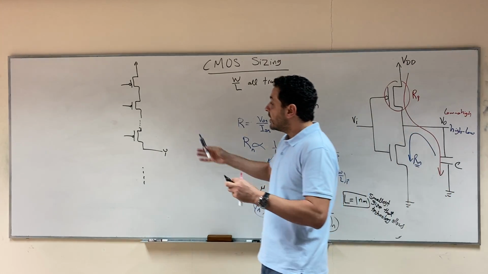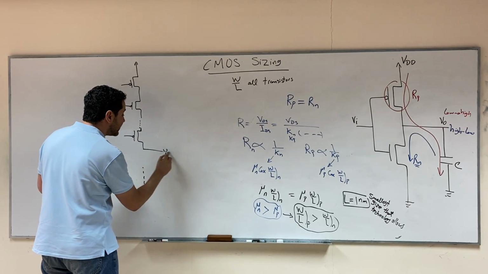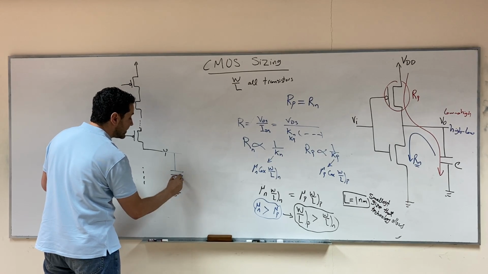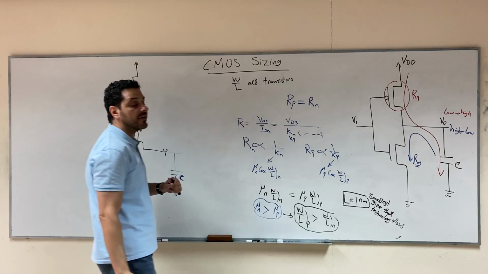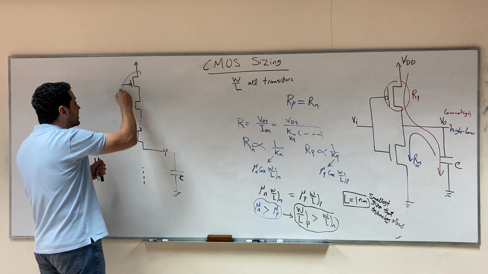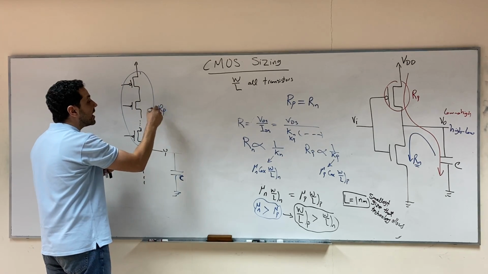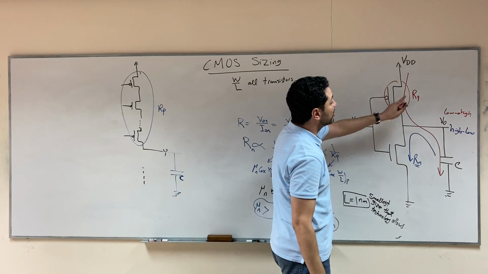Okay, so now if you have a gate like this, with the same capacitance at the output, and you want this gate and the CMOS inverter to have the same speed, then you have to design the total resistance of the pull-up network to be RP, similar to the resistance of the pull-up network in the CMOS inverter.